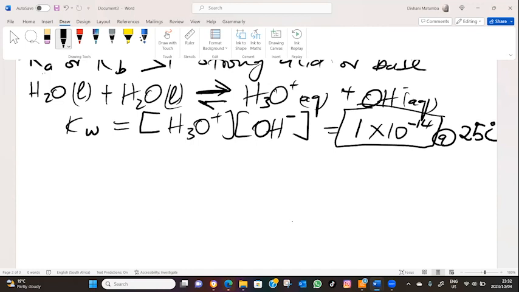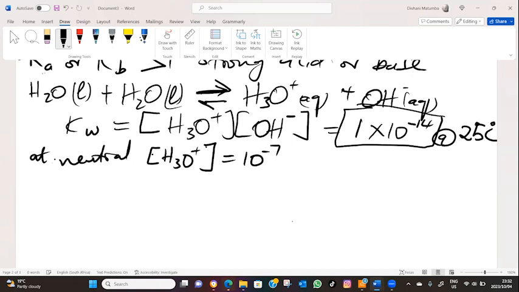Now, at neutral, the concentration of H3O plus is 10 to the power minus 7, and it equals the concentration of OH minus.